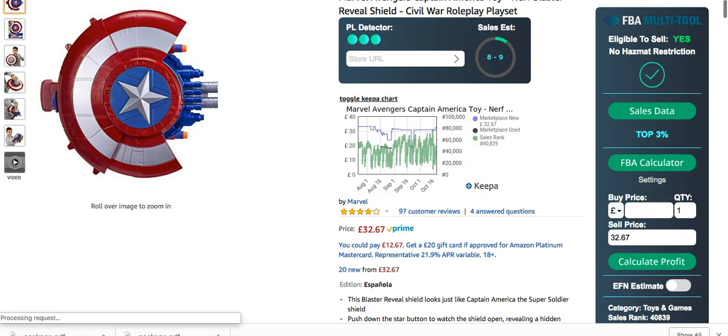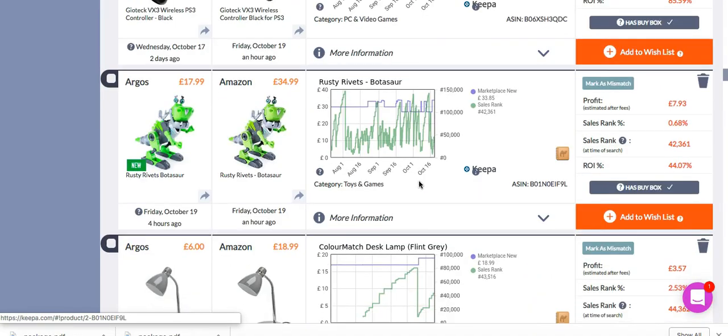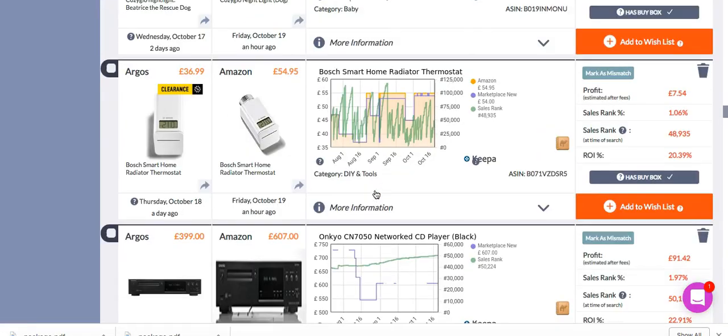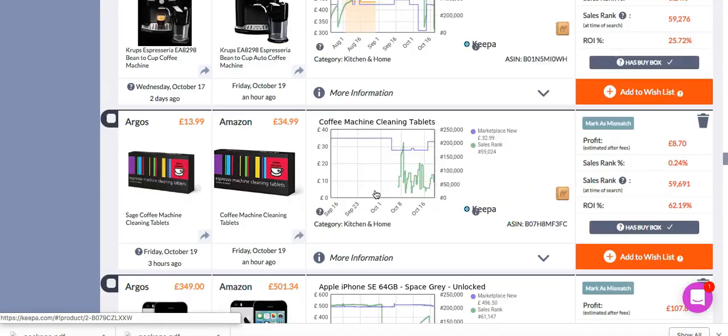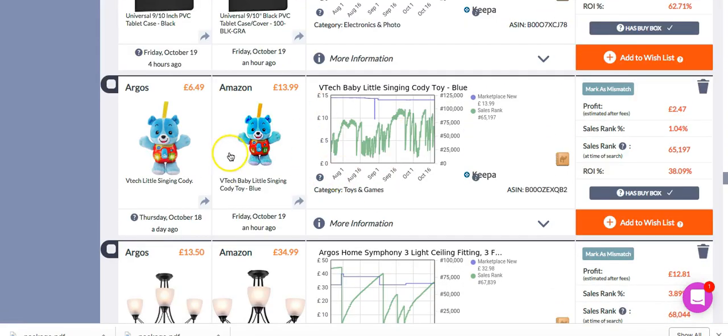So there are items that you just need to be conscious of in the background. Realistically, there's not going to be a huge amount of products on Argos, just because it's Argos and everyone will scan them. But I don't really use it for that. I use them for fillers.